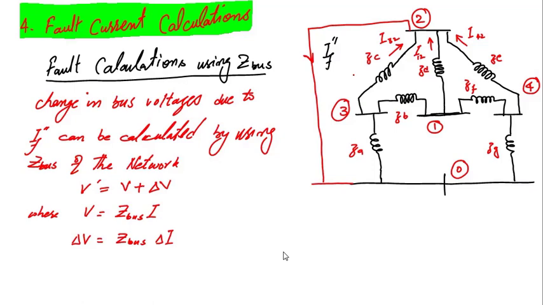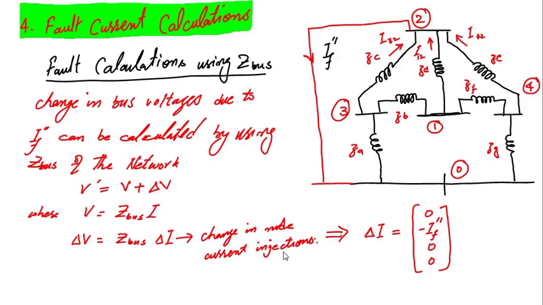So the initial voltage plus the change will give us the new voltage. So V prime is equal to initial voltage plus change in voltage. The initial voltage formula is given to us, the change in voltage formula is known to us. Now, how much has the current injection changed in the network? What is this delta I equal to? If I write this matrix over here, that is the change in the node current injections. And how much is that?